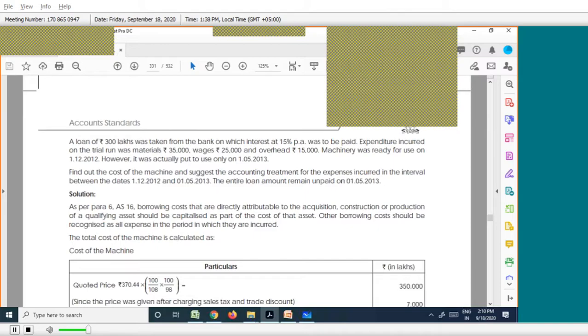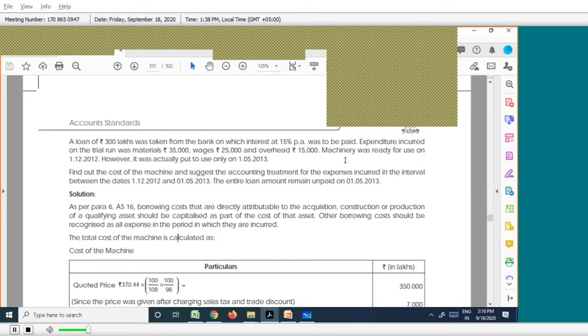So during this period, whatever expenditure is incurred should be added to the cost of the asset. It is also a capital expenditure. You should be able to differentiate between capital expenditure and revenue expenditure.